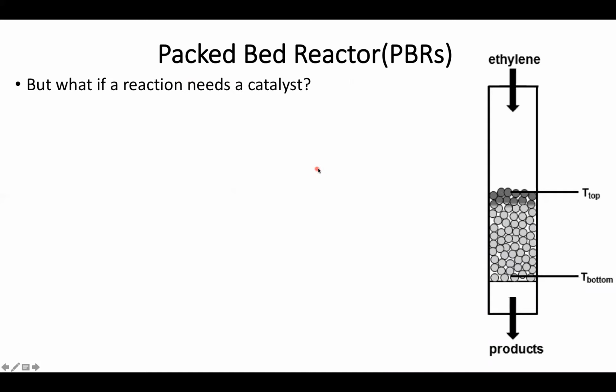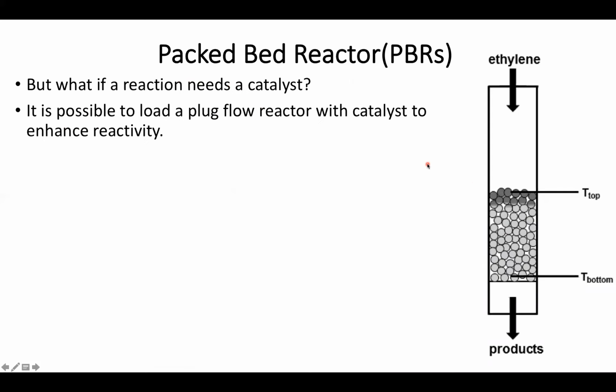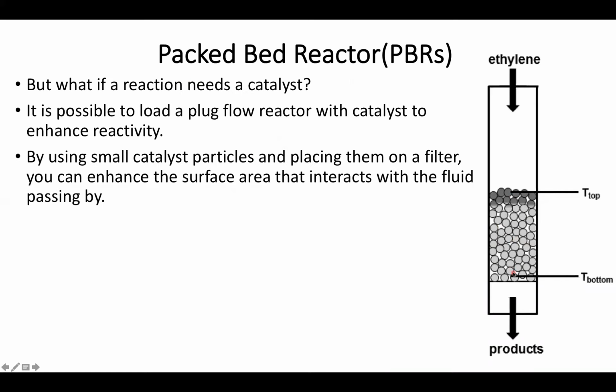Now, one of the unfortunate parts is that, unlike the previous reactor where we had horizontal flow, in that case you find your catalyst will tend to spread out a little bit too much. So what we can do is load our plug flow reactor with the catalyst we need, and break up our catalyst into small particles. This has a big advantage of drastically increasing our surface area, which will increase our rates.